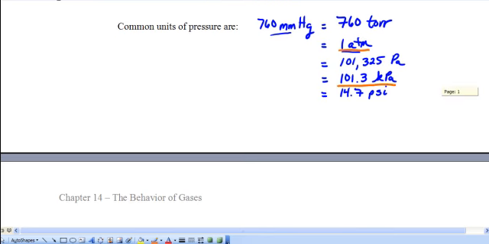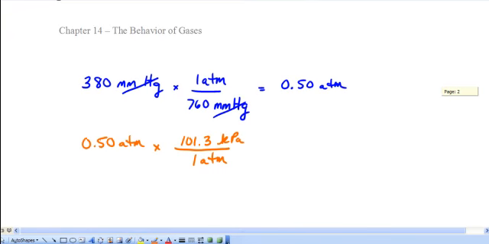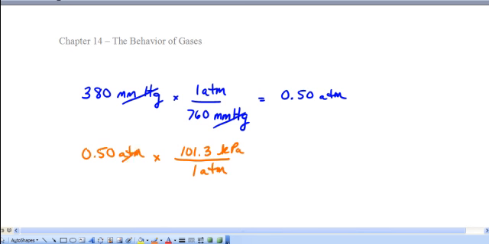They're all equivalent to one another. And so if you divide out your atmospheres, a half times 101.3 is going to be 50.65 kilopascals. Or if you rounded to 2 sig figs, I suppose you could call that 51 kilopascals, but we're not so concerned with that. All right?